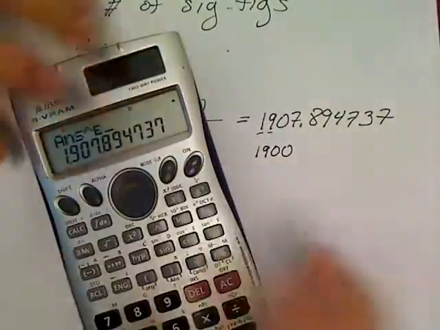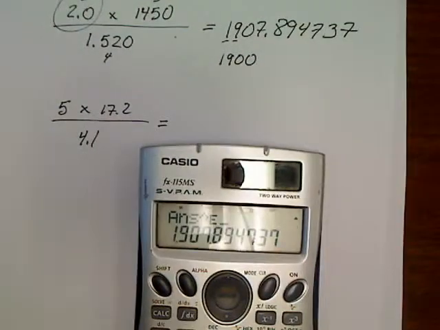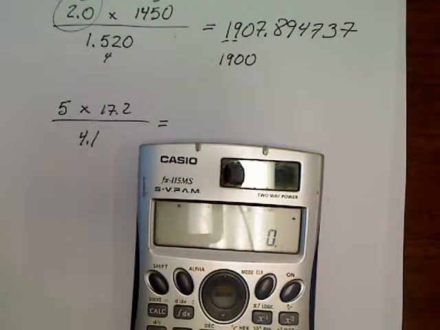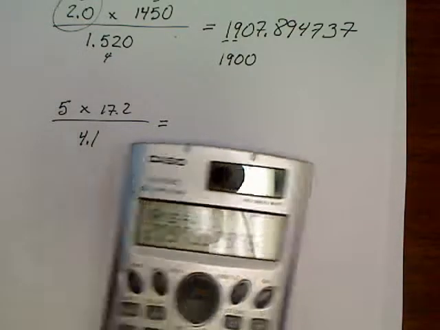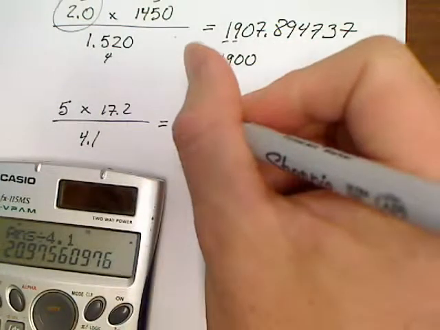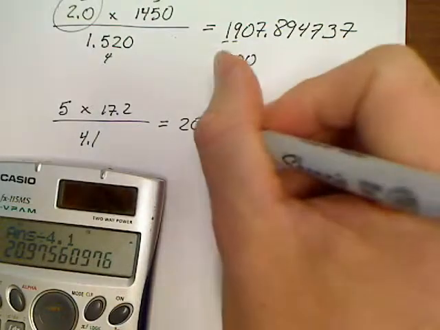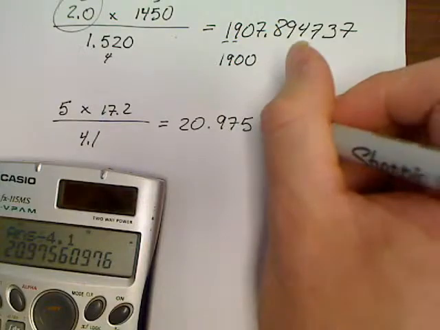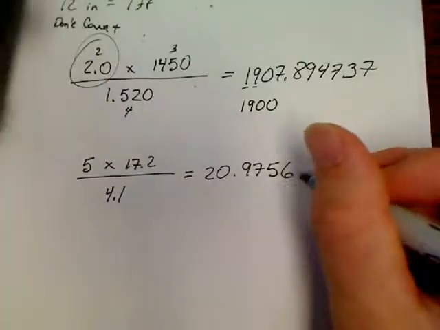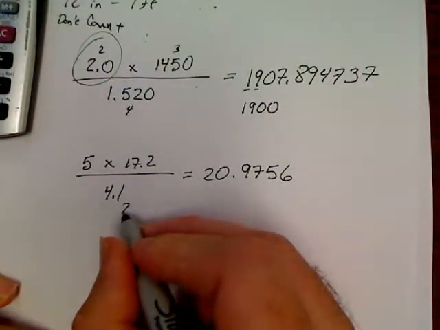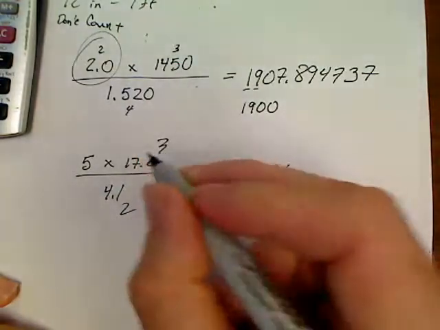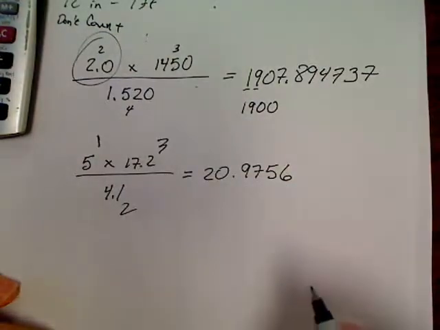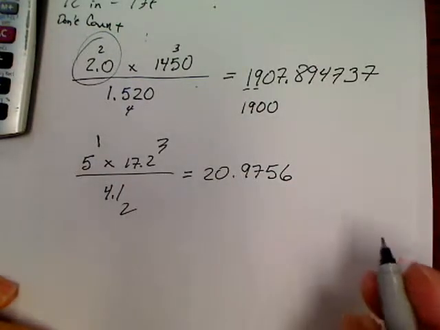You put it in your calculator: 5 times 17.2 divided by 4.1 is 20.9756. We'll round off. 1 sig fig, 3 sig figs, 2 sig figs. Your answer can only have 1 sig fig.